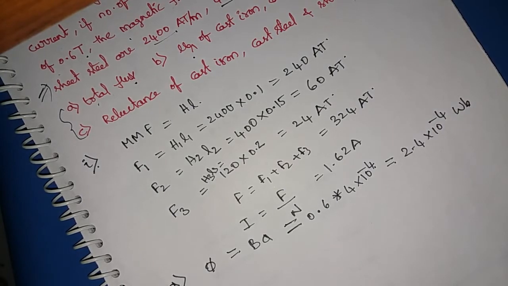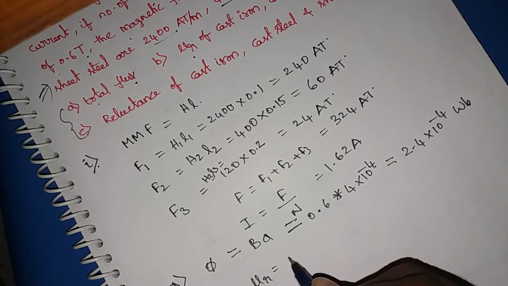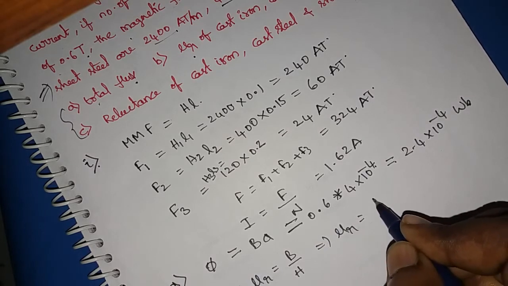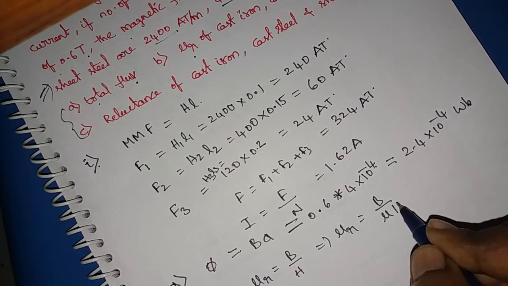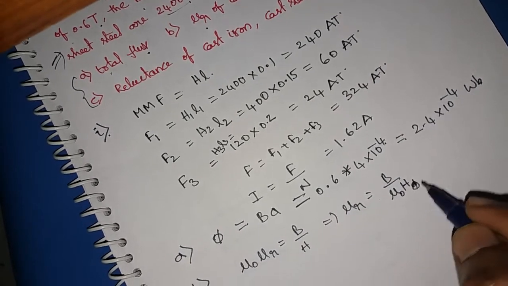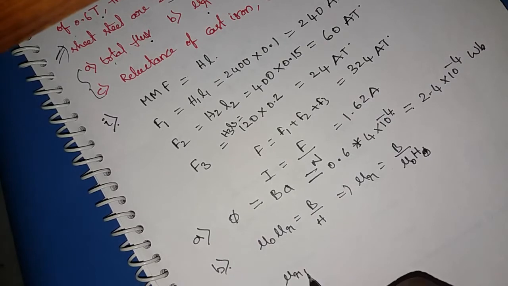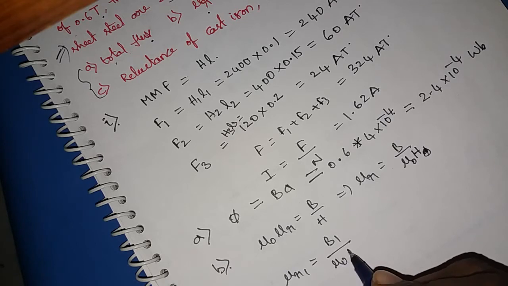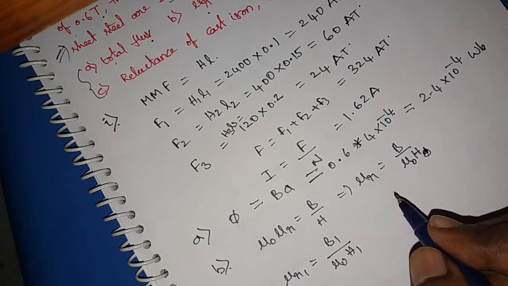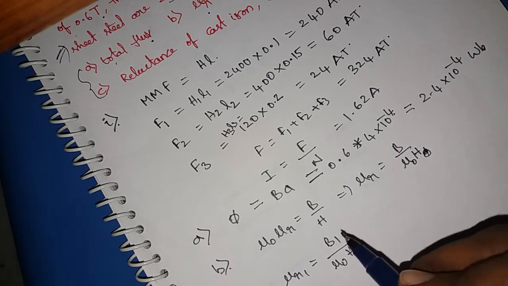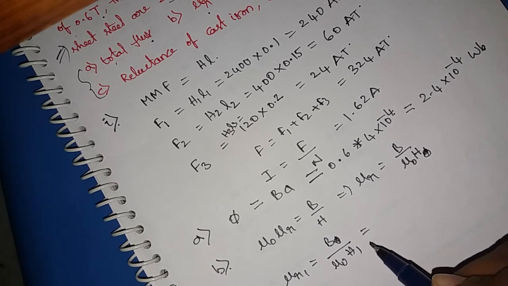Next, what is the mu r value? We know that mu naught mu r is equal to B by H. That means mu r1 is equal to B1 by mu naught into H1. As we know, the flux density is the same, so I use B by mu naught into H1.